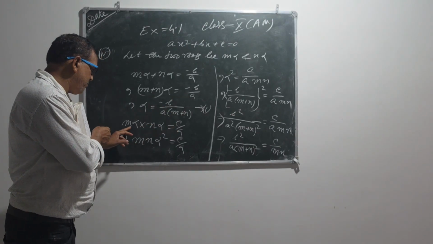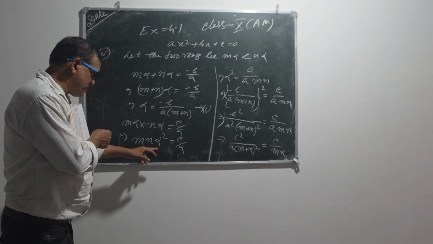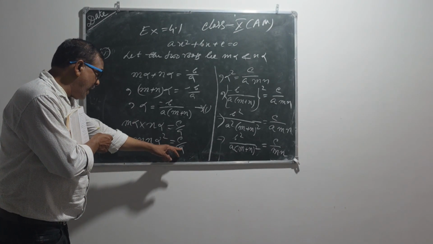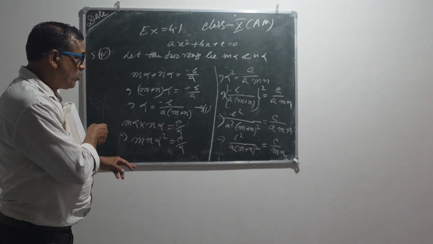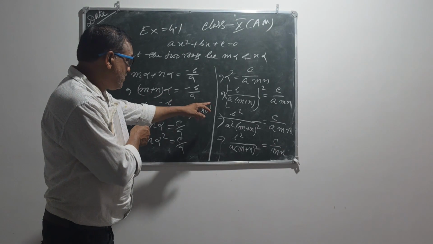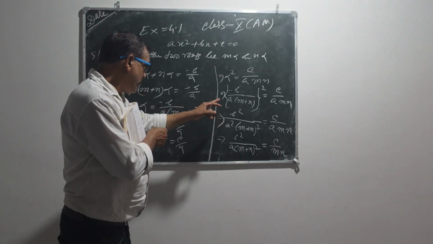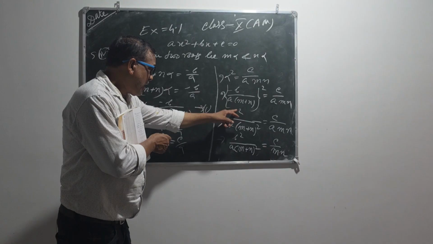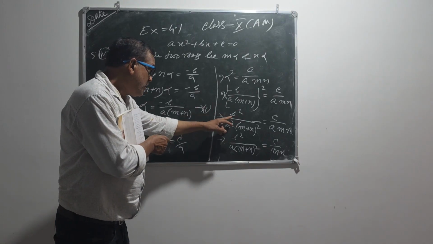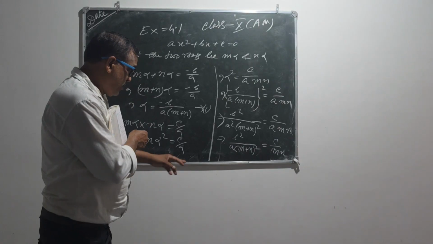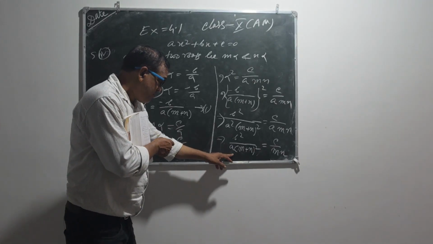The product of the roots is c by a, that is mn alpha square, so the value of alpha square is c by a mn. If we substitute the value of alpha using relation 1 here, then it will be minus b by a into m plus n, whole square. Squaring both sides, it will be b square by a square into m plus n whole square. The right side will be the same. So this way we can write it.